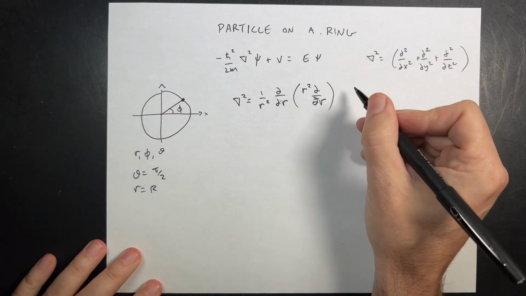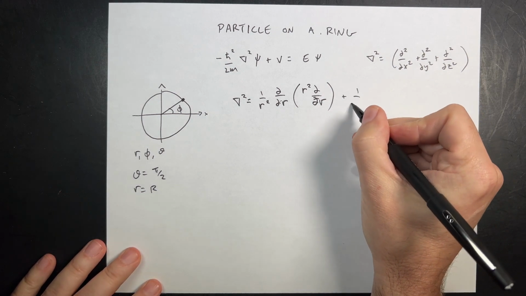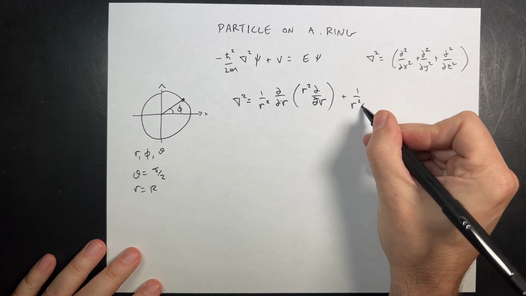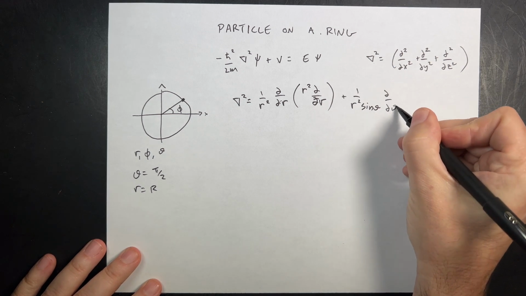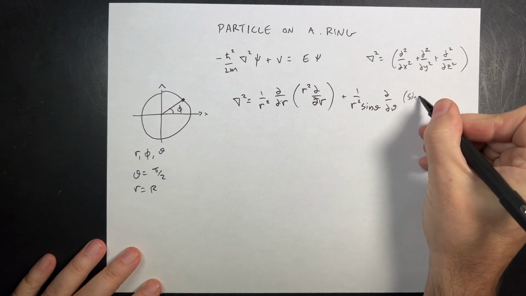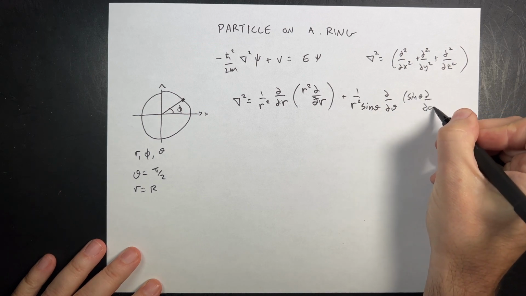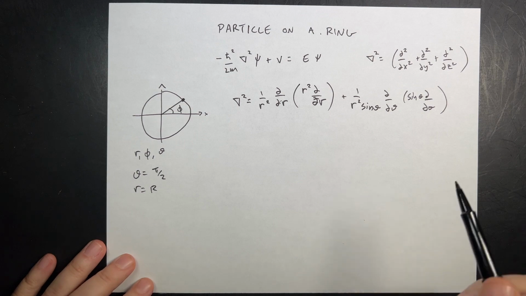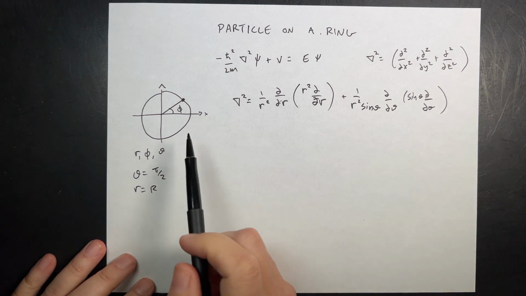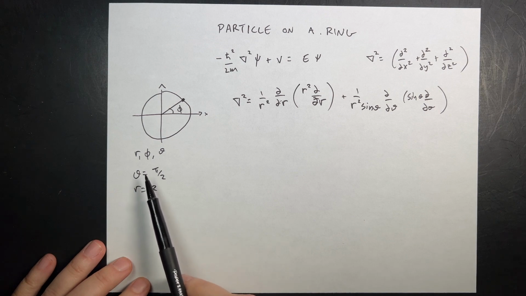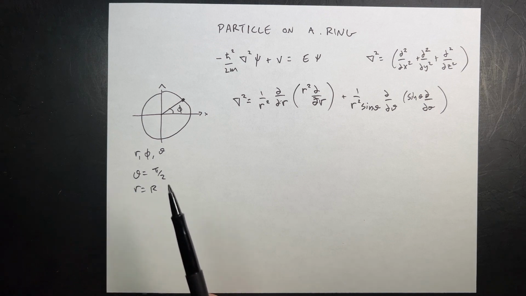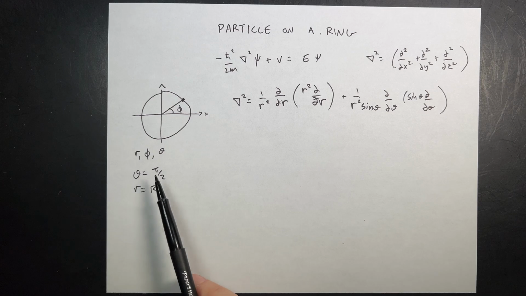Okay. Plus 1 over r squared sine theta, partial with respect to theta, of sine theta, partial with respect to theta. Again, let me remind you that in a lot of math, you've got to be careful about theta and phi. You can call it whatever you want. Just do it with confidence.